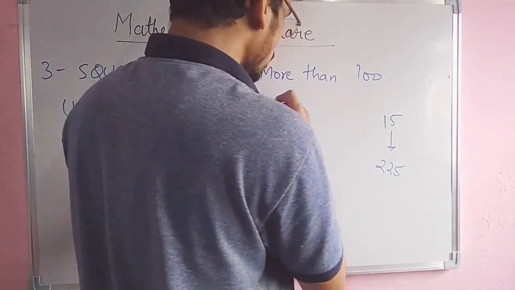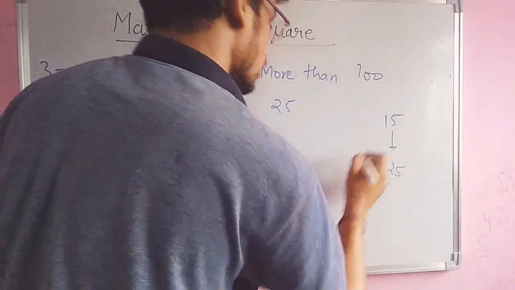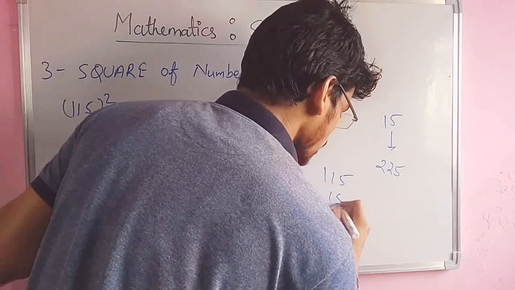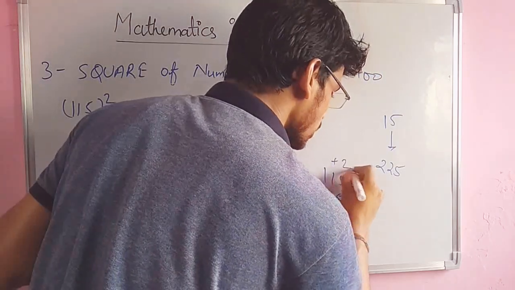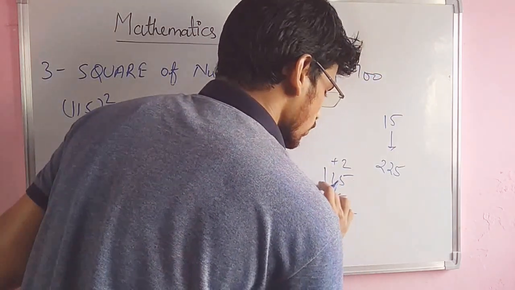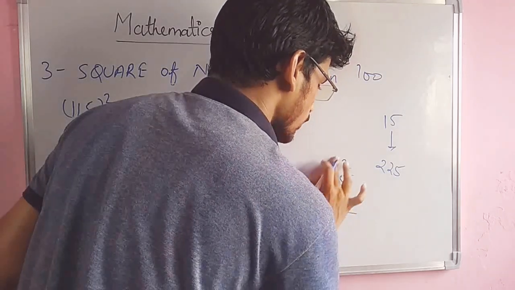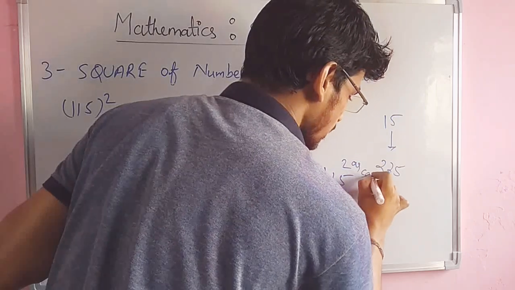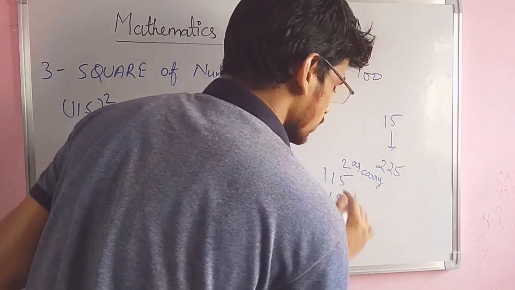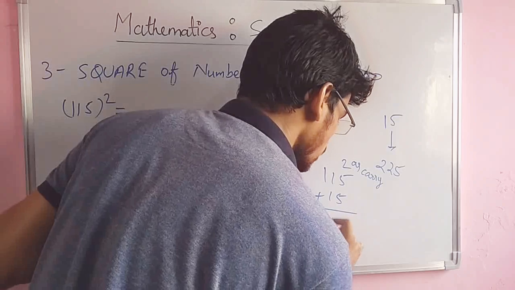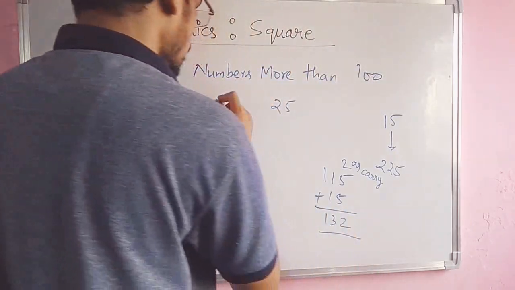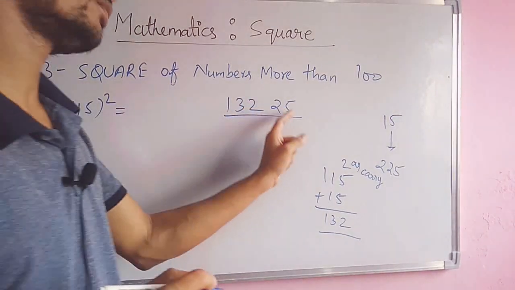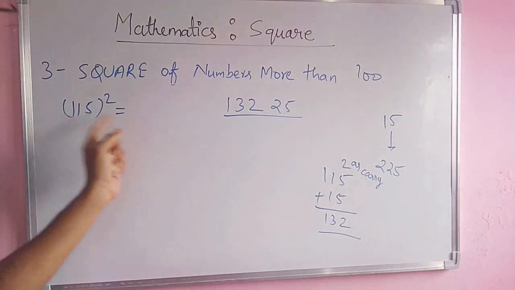Now note down the two digits, 25, and carry 2. 115 plus 15 plus 2 as carry, 132. 13225 is the square of 115.